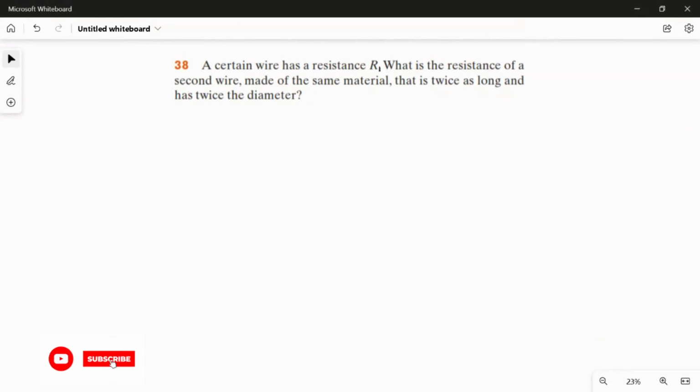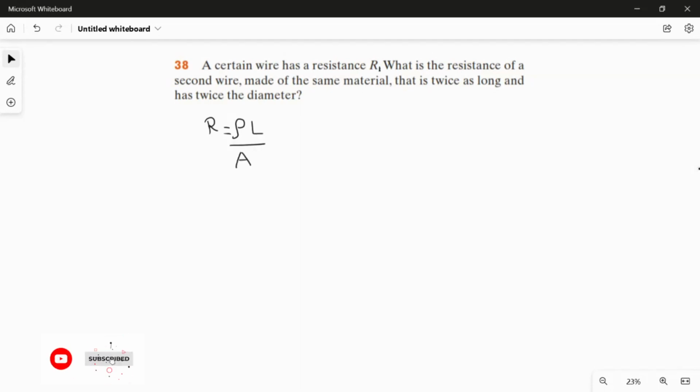For finding the answer, we are going to use the equations that we studied in the theory class. The resistance R is equal to the resistivity of the material multiplied by the length over the area.